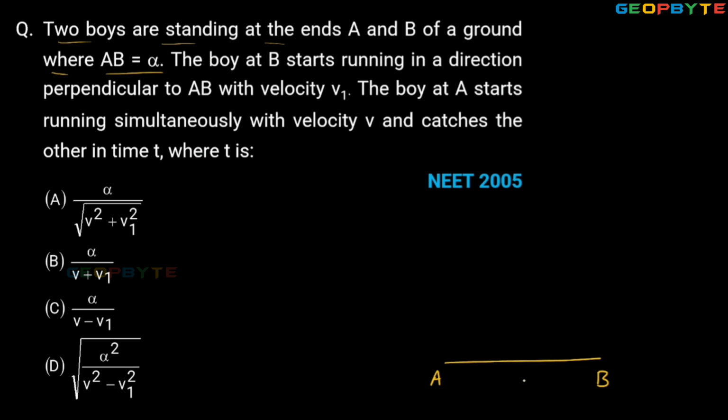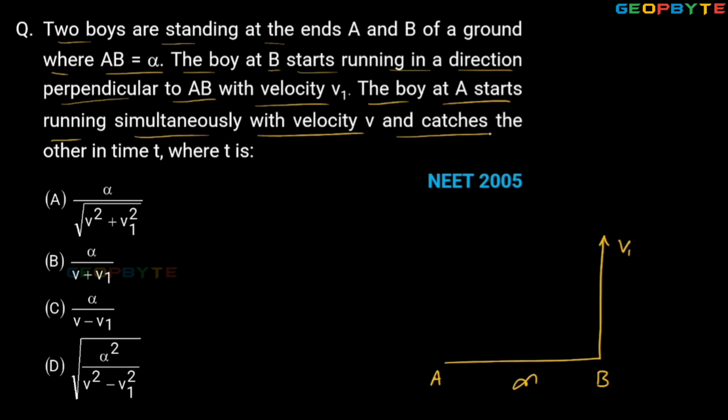The horizontal distance between A and B is alpha. The boy B starts running in a direction perpendicular to AB with a velocity V1. Boy B is moving vertically upwards, right? Perpendicular to AB means vertically upwards, with a velocity V1. The boy A starts running simultaneously with velocity V and catches the other in time t.